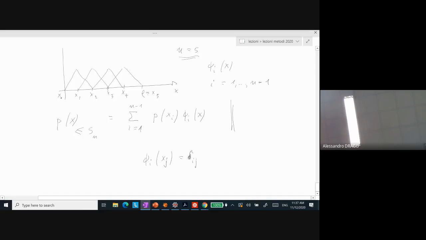Meaning that the only point on the grid where phi_i is different from 0 is the point where x is equal to x_i. As we see, this was phi 1, phi 2, phi 3, and phi 4.